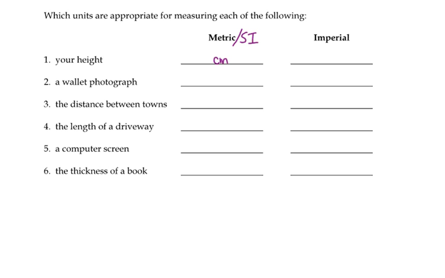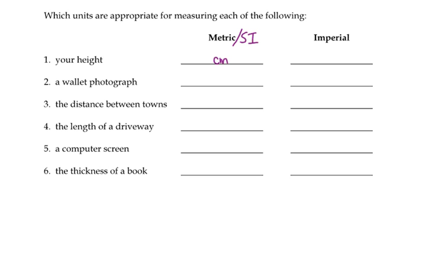How many centimeters are you? 168. Speak into the mic. 168 centimeters. 169 centimeters. 170. Okay, and then it gives your weight in kilograms. Why? Because that's our official system.